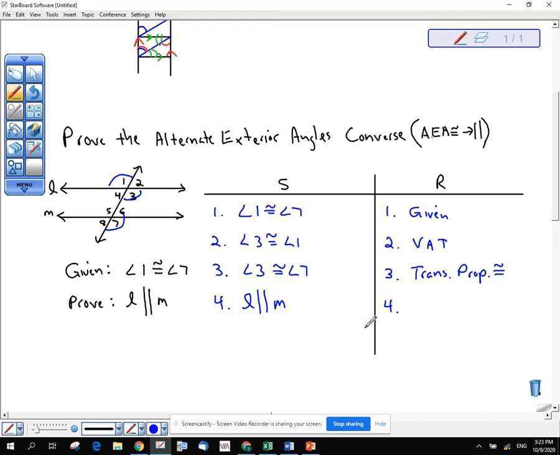Now I can use its converse though, corresponding angles congruent implies parallel lines, because 3 and 7 are corresponding angles and we just showed they're congruent. Corresponding angles congruent implies that lines are parallel. And that's done. You wanted to prove L is parallel to M. You did that. You justified it. It was a 4-line proof. That's done. All right. Thanks for tuning in.